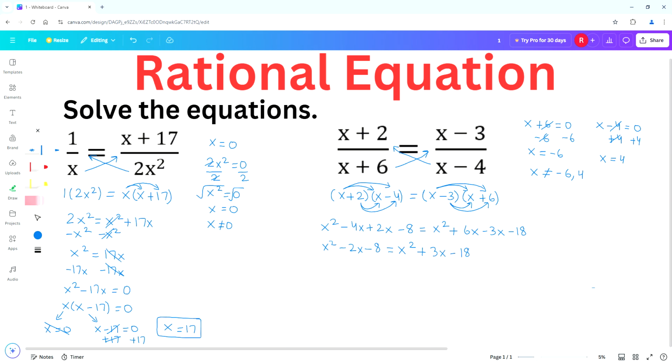Now we can cancel out the x squared terms on both sides by subtracting x squared from both sides. Next, we can combine the x terms by subtracting 3x from both sides.